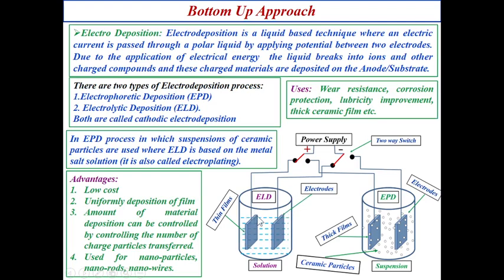The film is always formed on the anode side. The substrate will always be connected with the positive terminal, and the negative terminal will be connected with the electrode or the material that is going to be deposited. So this is the ELD.